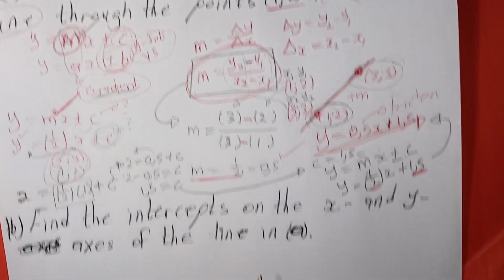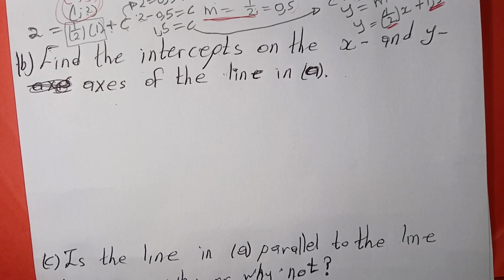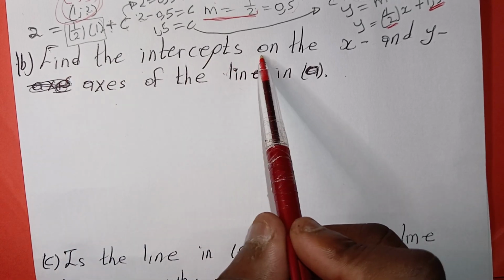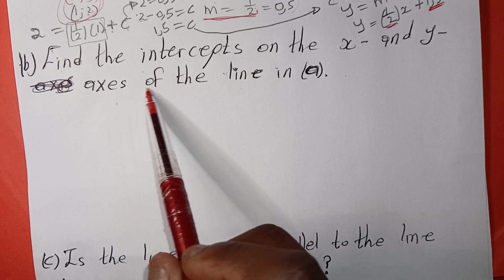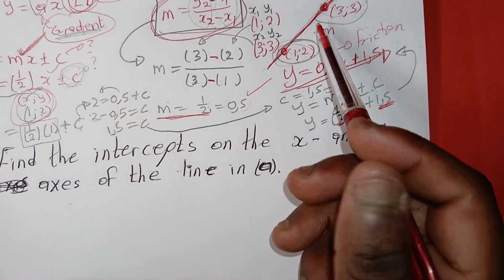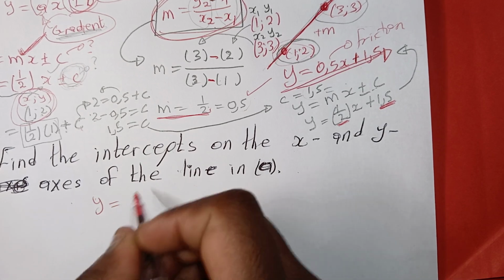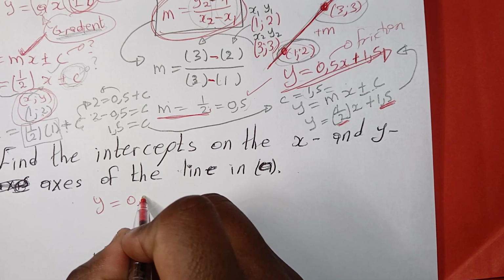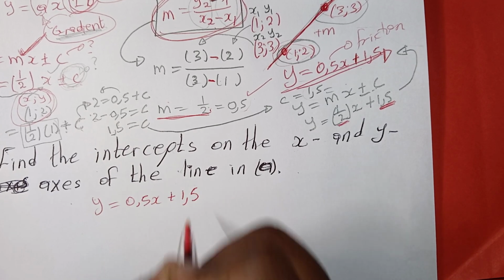Yeah. So now let me move forward. Here's another question. It says, find the intercepts on the x and y axis of the line. This line, we can see its equation is 0.5x plus 1.5.